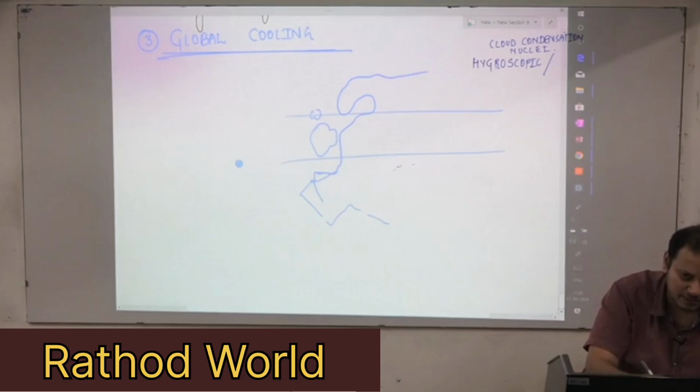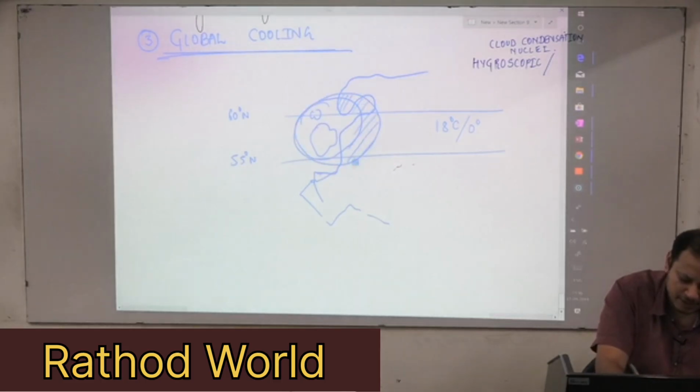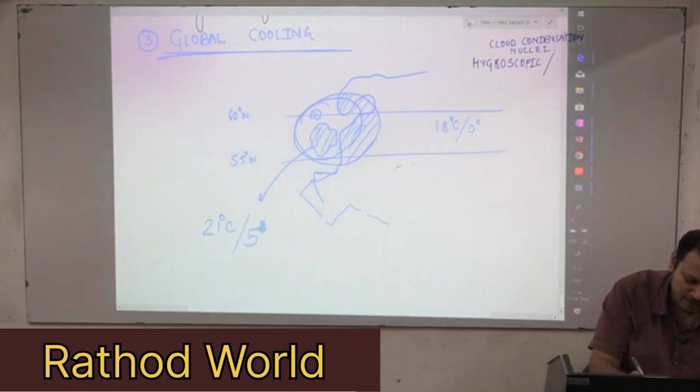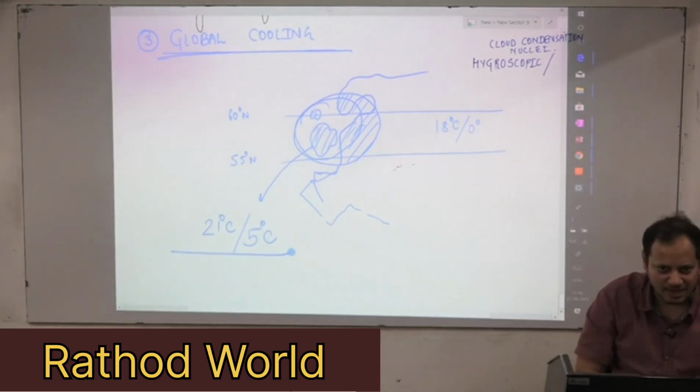Maybe can I say the latitude is between 55 degrees north to 60 degrees north, right? Here the summer temperature can I say should be 18 degrees Celsius and the winter temperature should be less than 0 degrees Celsius. But in North West Europe, that is this whole shaded part which includes UK etcetera, summer temperature is somewhere around 21 degrees Celsius, winter temperature is somewhere around 5 degrees Celsius. That is higher than normal.